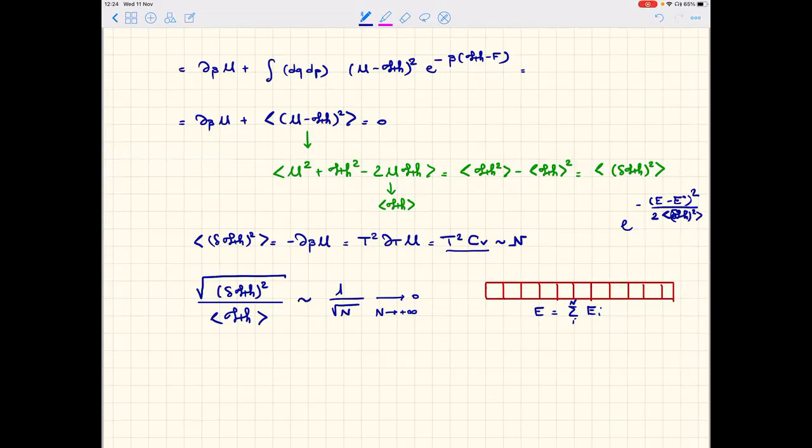And now you see that the width of this thing is actually the square root of this number. And therefore, when you compare the width to the average, as I've done here, you obtain that it scales like 1 over square root of N.